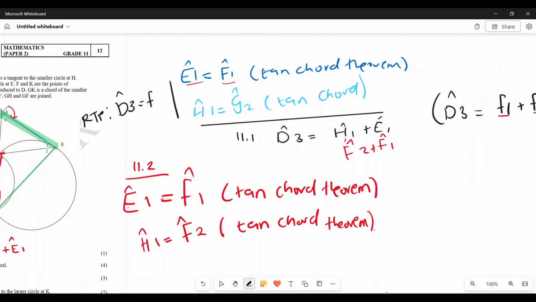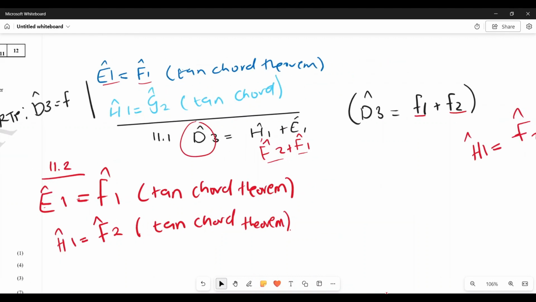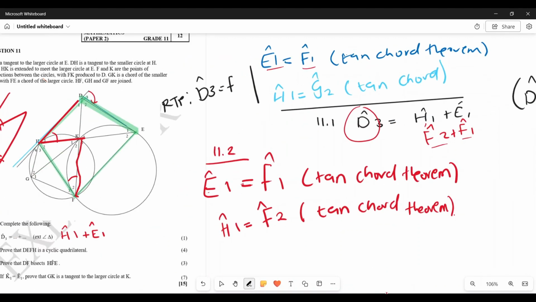Now, can you see that now my D3 is going to be equal to F2 plus F1, which is my whole of angle F, right? Now, as a result, I've proved that this D3 is going to be equal to my F. Therefore, this whole thing is going to be a cyclic quad, right?